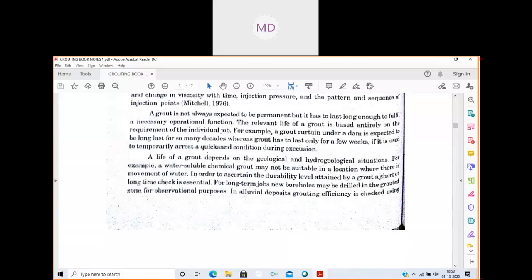How does the life of the grout depend? It depends on the geological and hydrogeological situation. The geological situation of the site and the hydrogeological situation are responsible for the life of the grout.